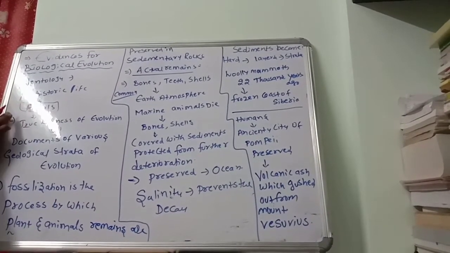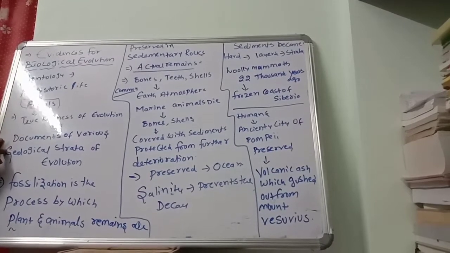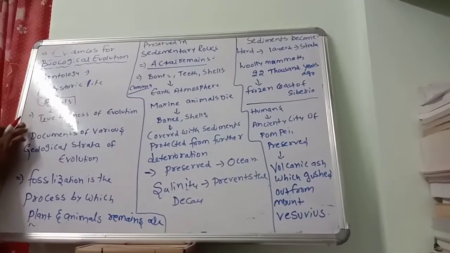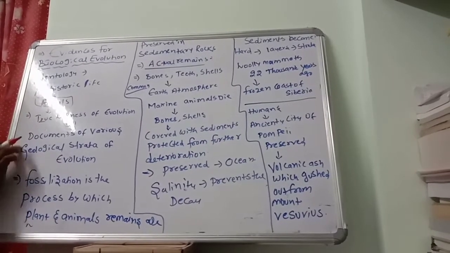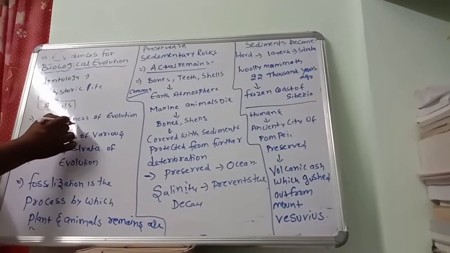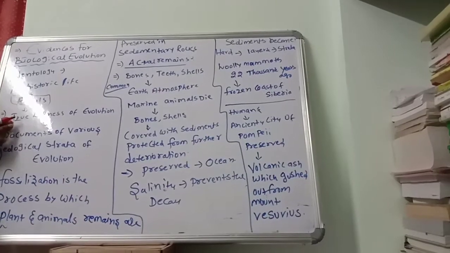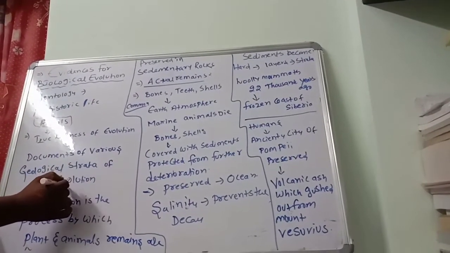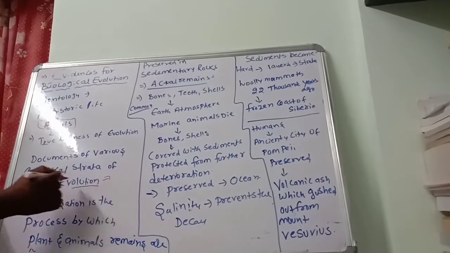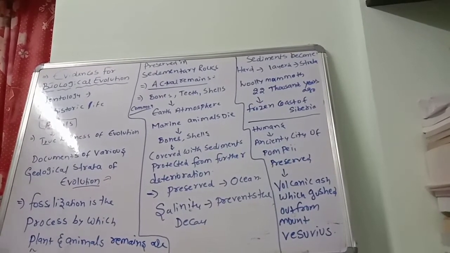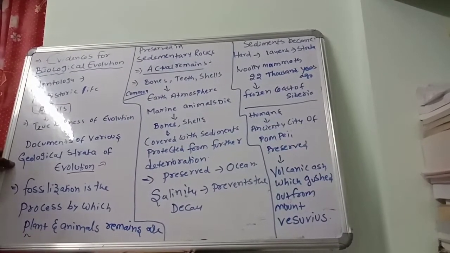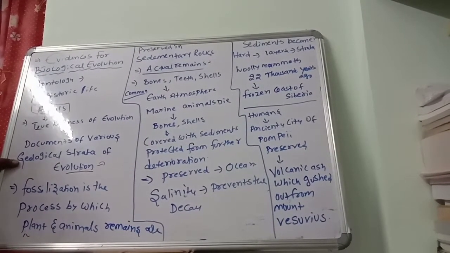So now we can compare how the ancestor animals were with how animals are now. Another important point to remember: fossils are not only the true witness of evolution but also documents of various geological strata. So we want complete documentation. Fossils are the documents of the various layers of the earth.